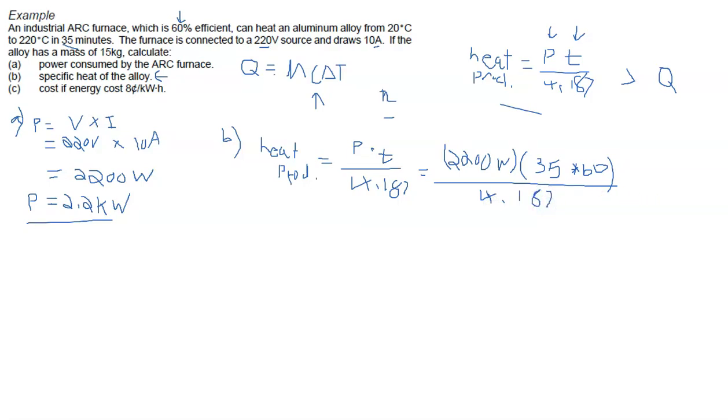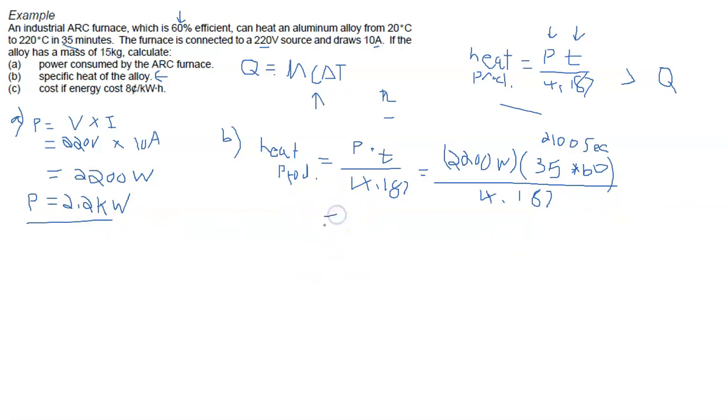Now, if we multiply out the 35 times 60, we have 2100 seconds. And so it's very important for us to get that right because if not, of course, we'll get the incorrect answer.